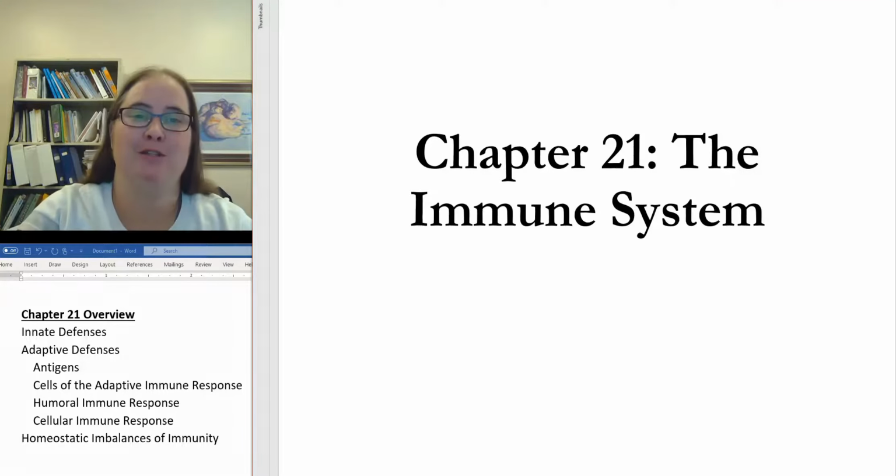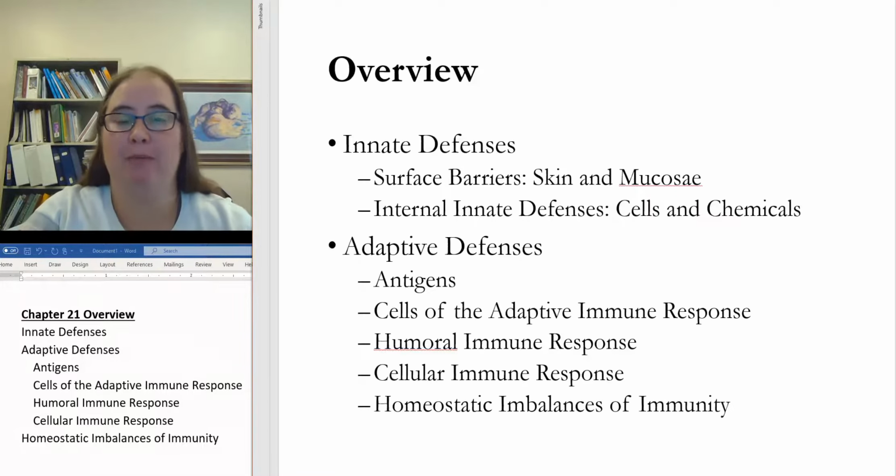Okay? So chapter 21 is the immune system. I'd say for exam 2, this is the one that gets students the most, just because again, it's such a complex process. So our plan for today is we're going to go over the innate defenses. We're going to talk about what the innate defenses are. We'll talk about surface barriers, internal innate defenses, cells and chemicals.